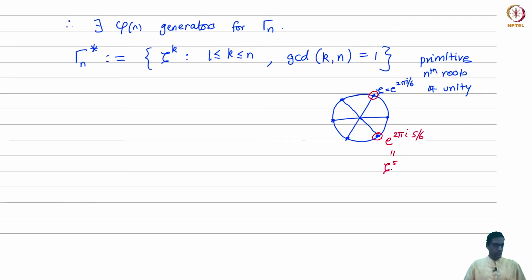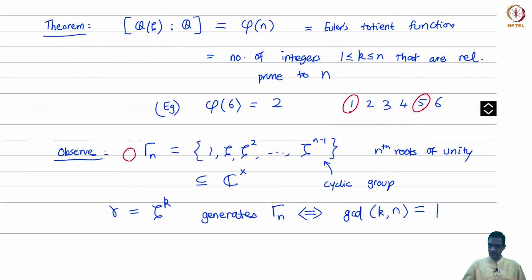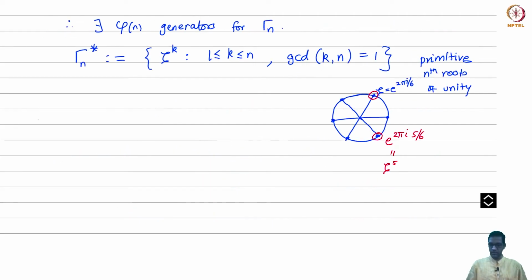Now let's also look at what we can say about the other roots. So observe more facts. Maybe we'll number these. Observe fact 1, observe fact 2: if d divides n, then the dth roots of unity are necessarily contained inside the nth roots of unity.